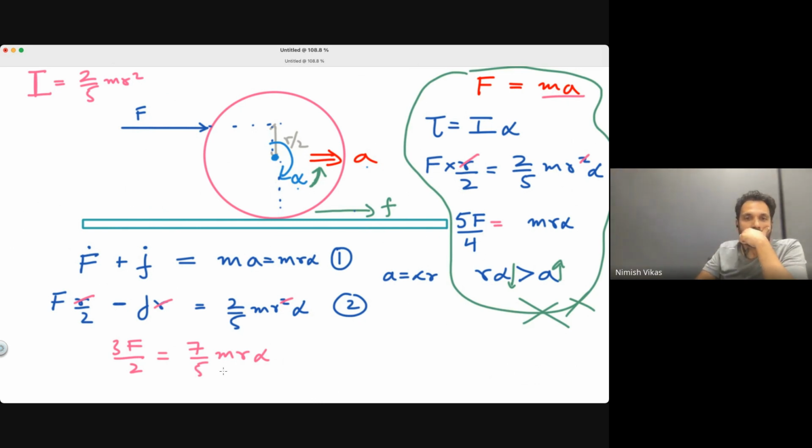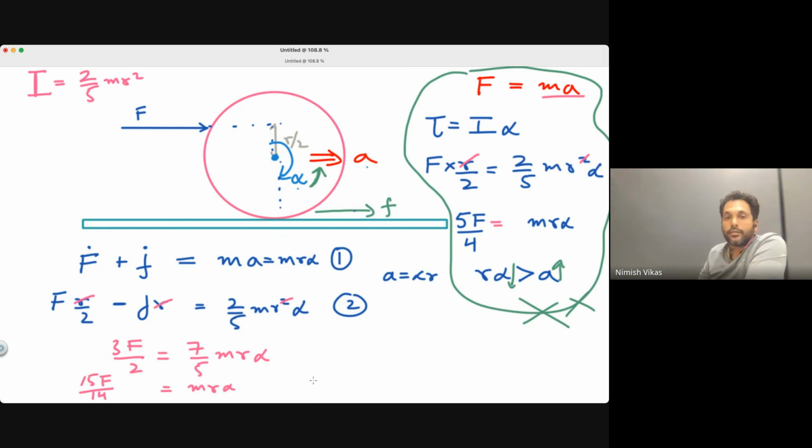So if I cross multiply, I get my mR alpha. What is my mR alpha? That is 15 F by 14. So my alpha, or R alpha, the acceleration, is equal to 15 F by 14 m.